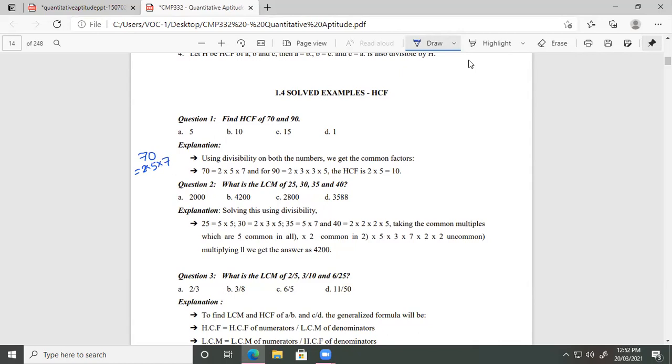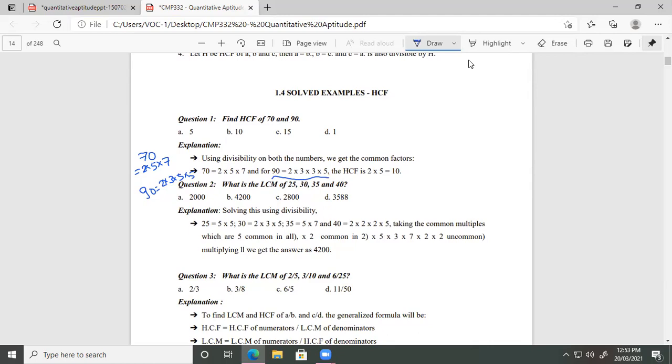Now for 90, it is 2, 3, 3 and 5. These are the factors for 90. That is 2 into 3 is 6, into 3 is 18, 18 into 5 will be 90.